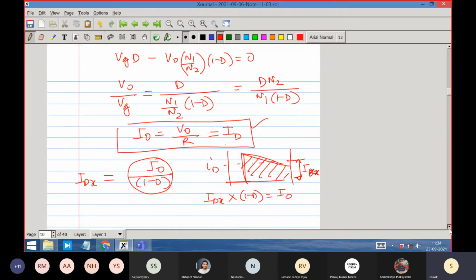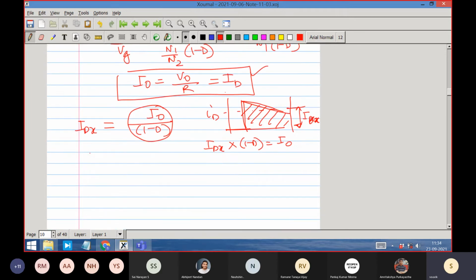Let us say primary side, what is happening? Primary side, this current is how much? This level, if I call it IPX, right? So what will be the primary current level? It will be simply related to the secondary current level by number of turns.